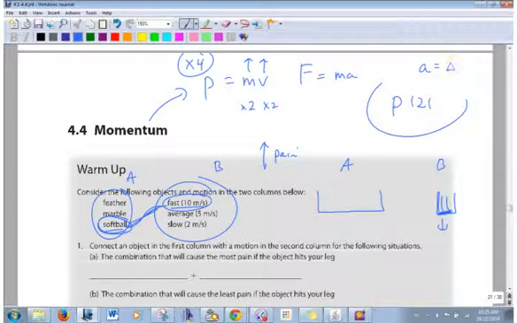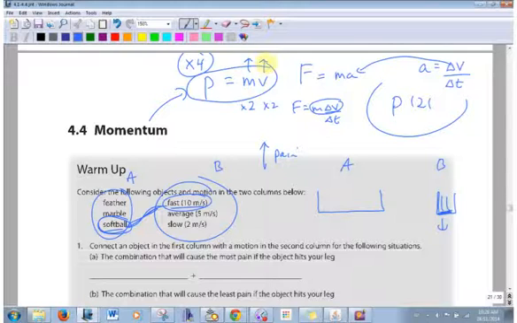Change in velocity over a change in time. That's actually what he had in here when he came up with his formula. M delta V over delta T. He called this mv a quantity of motion. We call it momentum. Okay? So that's where this kind of comes from.